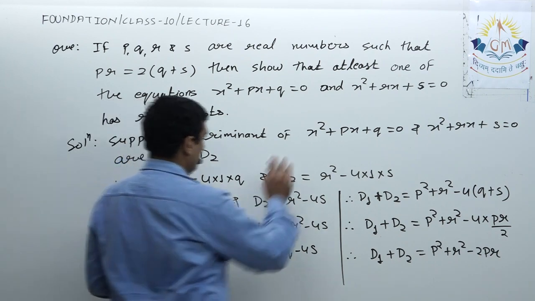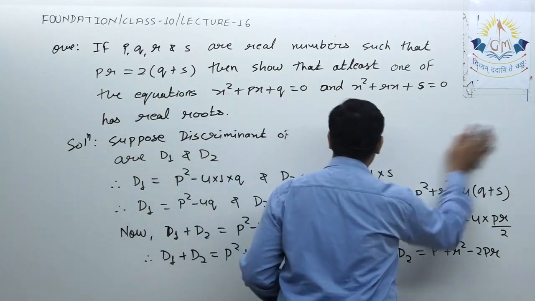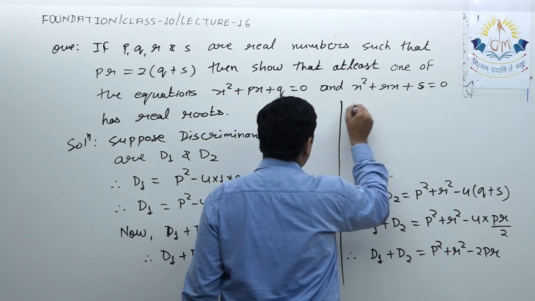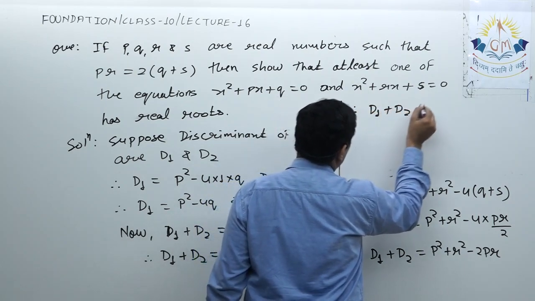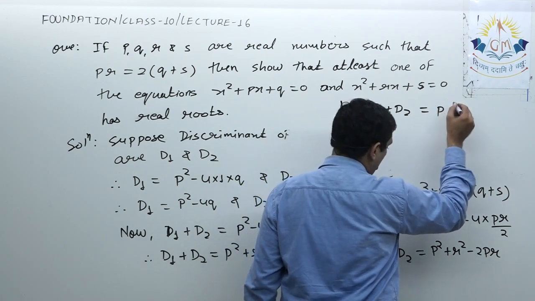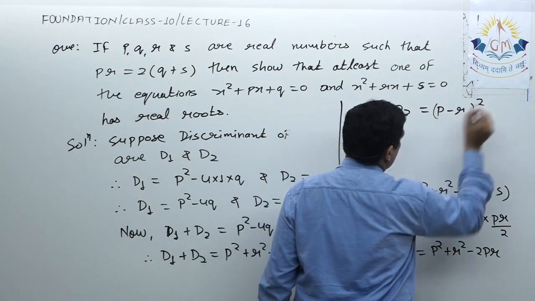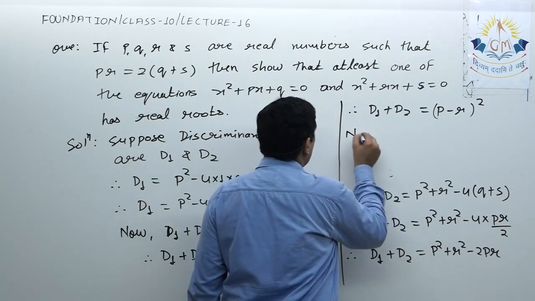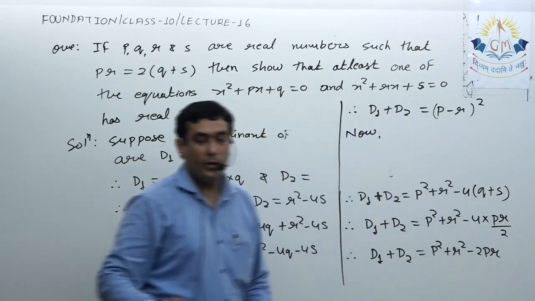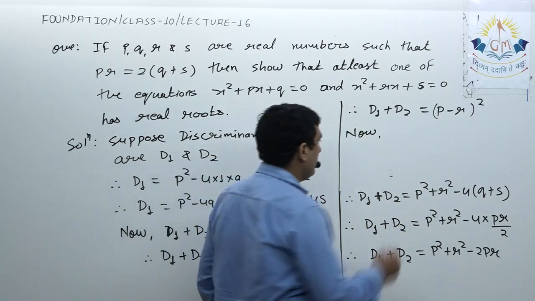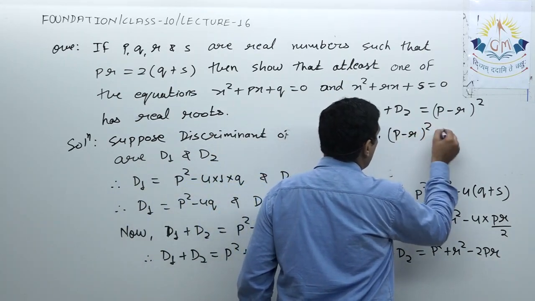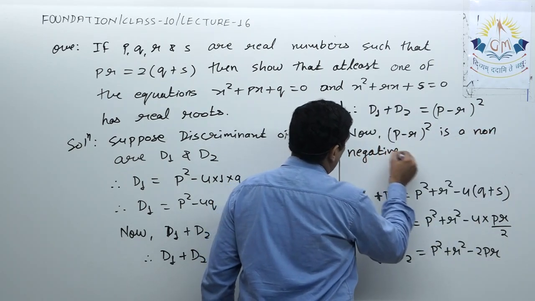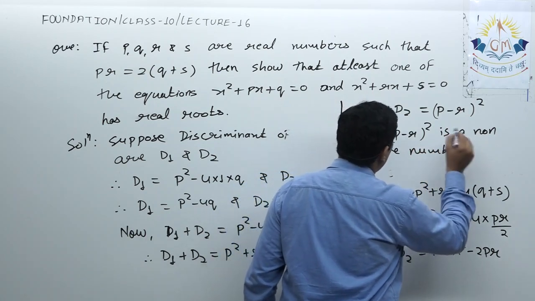Okay, so now let me solve the remaining portion. Therefore d1 plus d2 is equal to p minus r whole square, isn't it? P square plus r square minus 2pr is p minus r whole square. Now p minus r whole square is definitely a non-negative number, whatever the values of p and r.